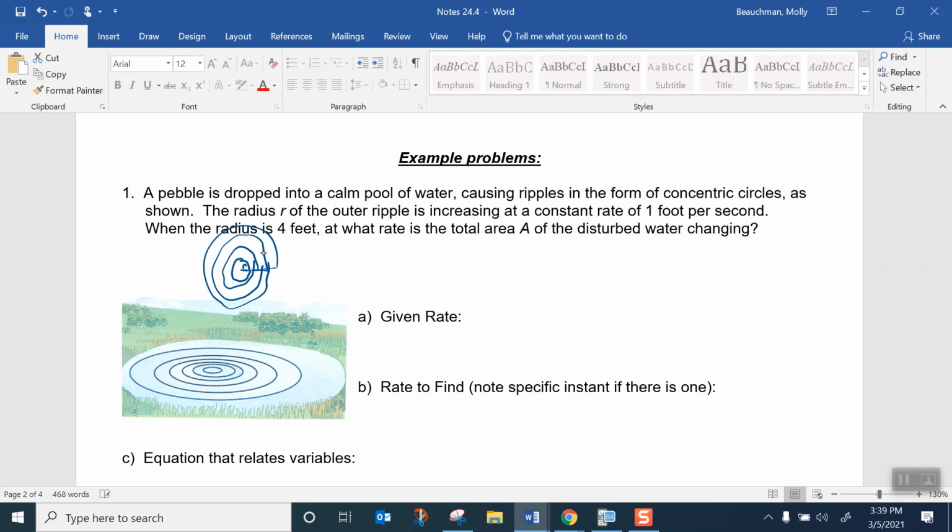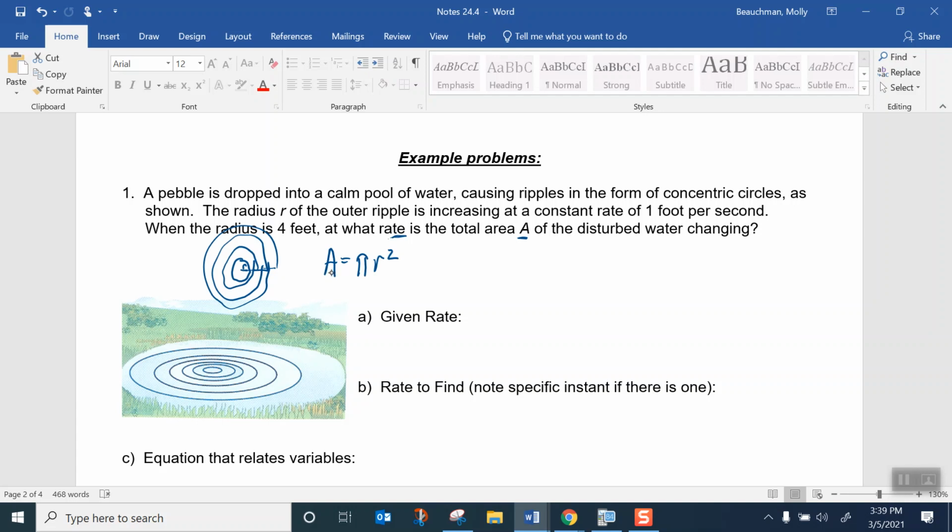So what we want to figure out is, at some particular point in time, what is the rate of the total area? We don't want to know what the total area is, we want to know the rate at which the area grows. So the first thing we do is figure out what formula from geometry we are going to use. The area of a circle is pi times r squared.